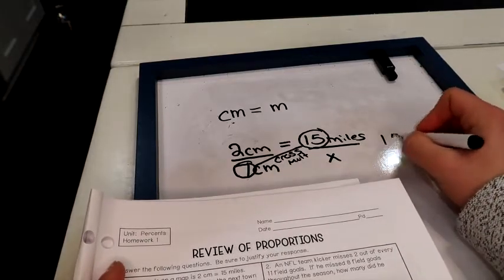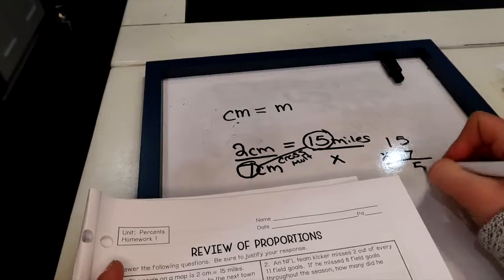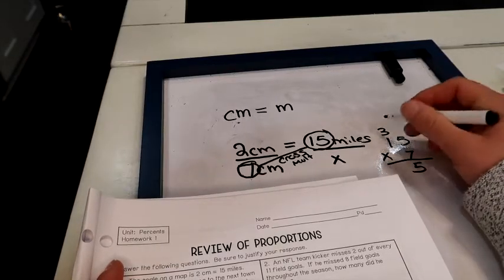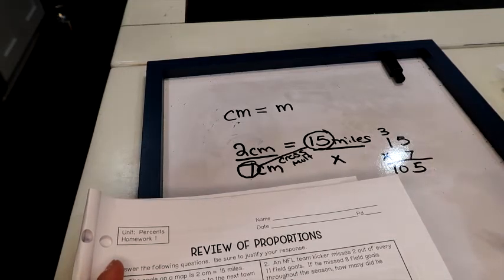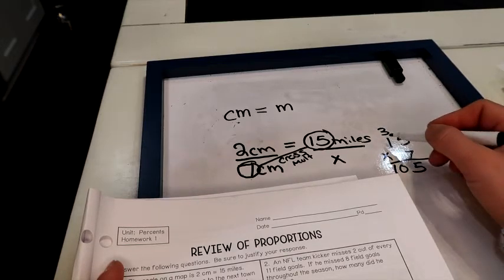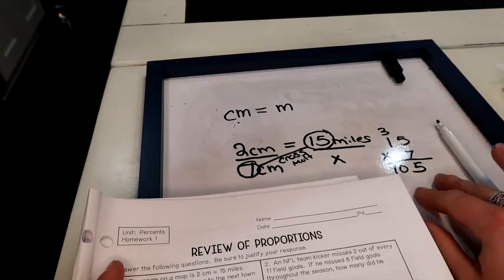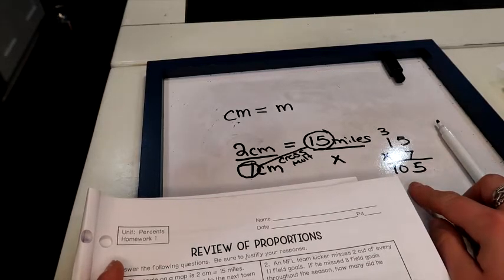So 15 times 7, 35, 7, 8, 9, 10, 105. Is that right? 7 times 5 is 35, 7, 8, 9, 10. It's 105.